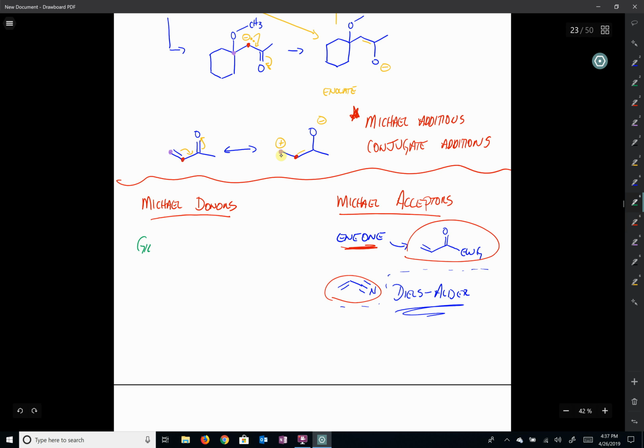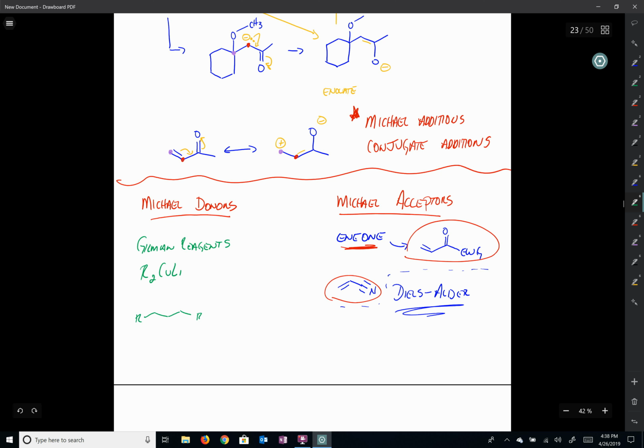Gilman reagents are good examples of Michael donors. A Gilman reagent is our copper lithio complexes. Remember, we saw those in the coupling reactions. These are going to be, let's call them, air quote, softer carbons with negative charges, so that these are going to add to the beta carbon of a Michael acceptor there.